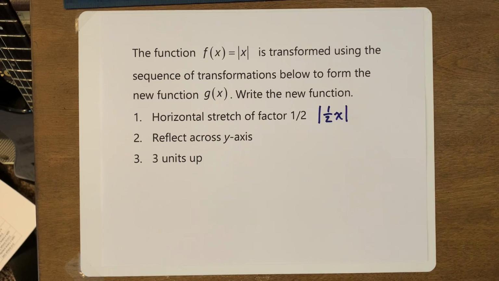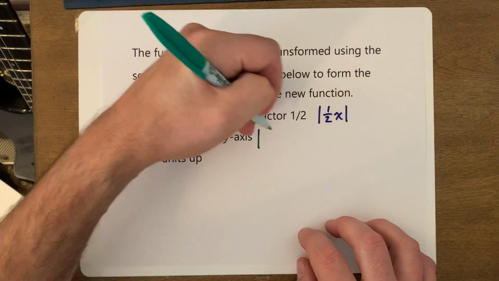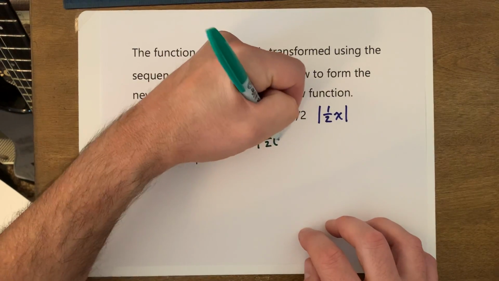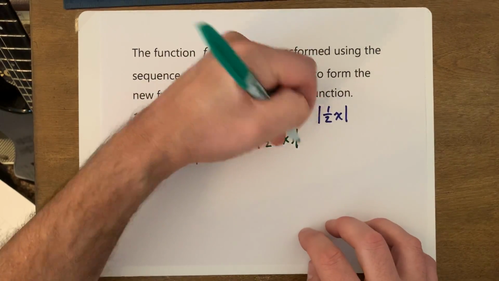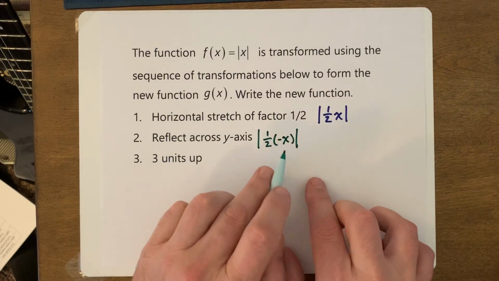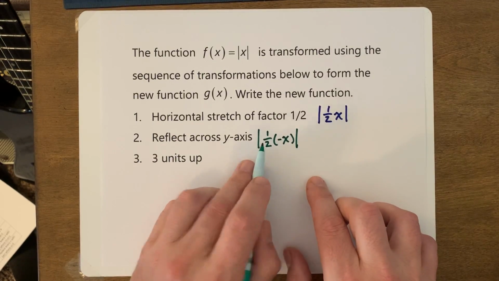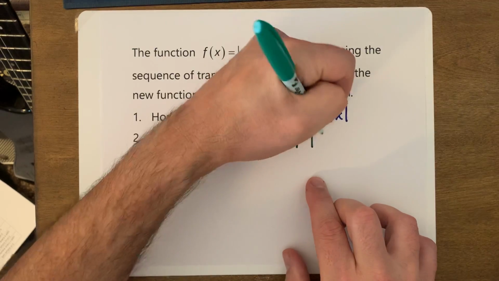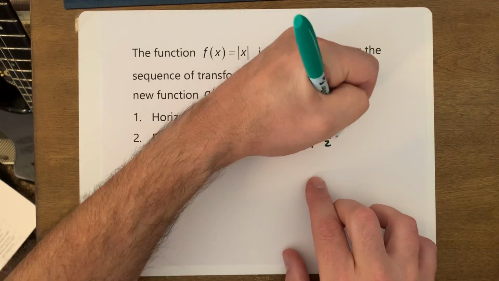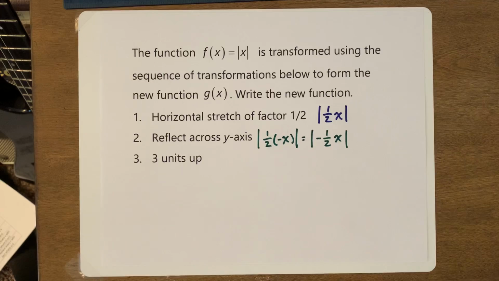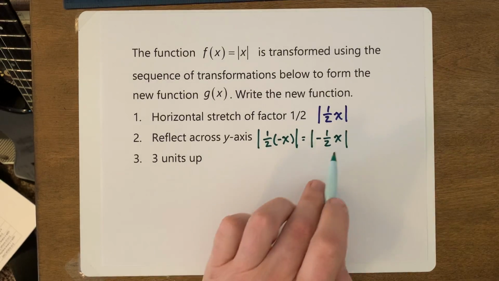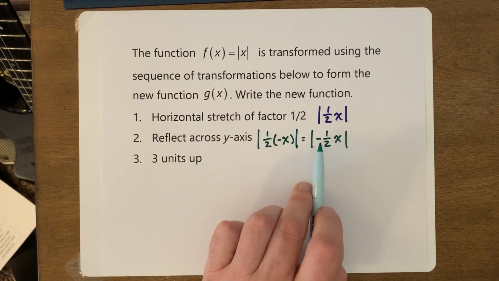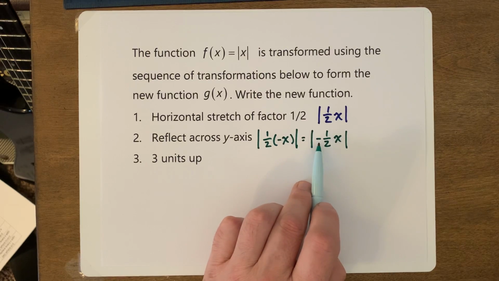Now this one's interesting. If I reflect it across the y-axis, I'm supposed to take the x and make it negative x. So if I do that, I'm going to get something like this. Now, interestingly, that negative right there can come out in front, and I could actually write negative 1/2 x like that. However, it is absolute value, and that negative as an absolute value is going to turn into a positive and go away.